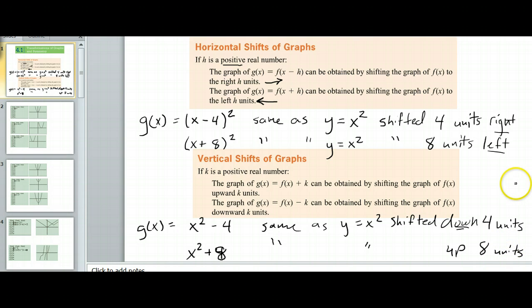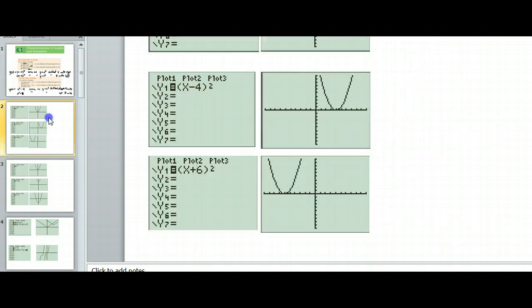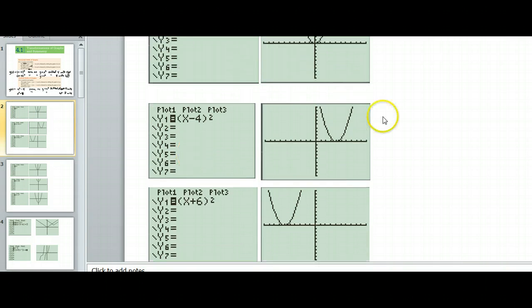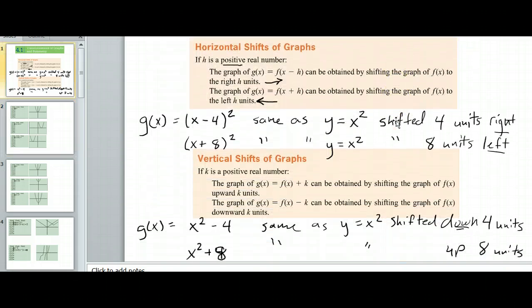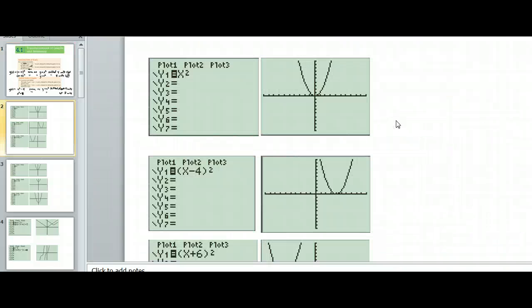Alright, and then on this next slide that I have, this kind of just summarizes what we just said. So this is the base function. Okay, the base function is just x squared. Notice the vertex here is at 0, 0.